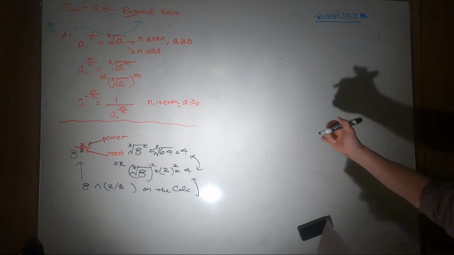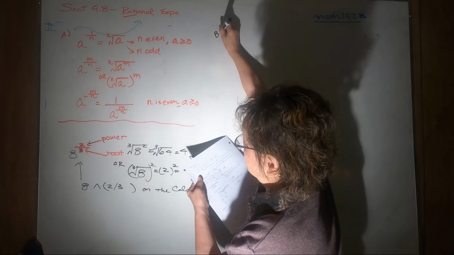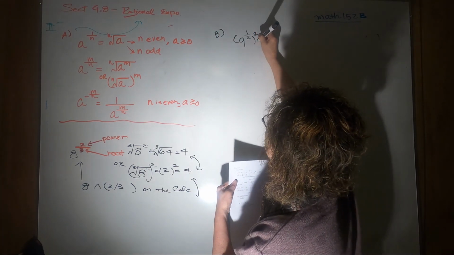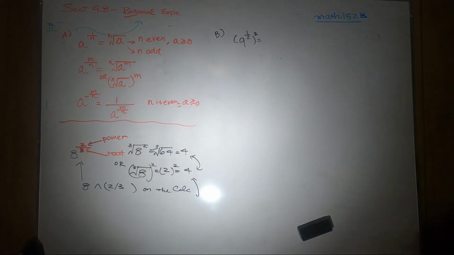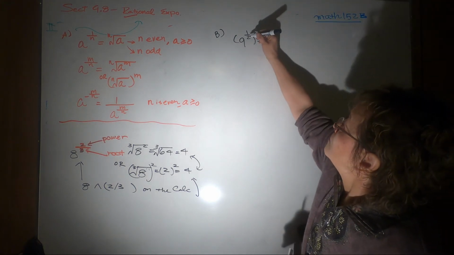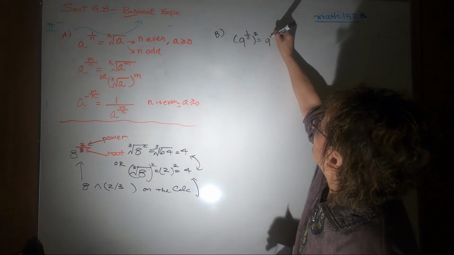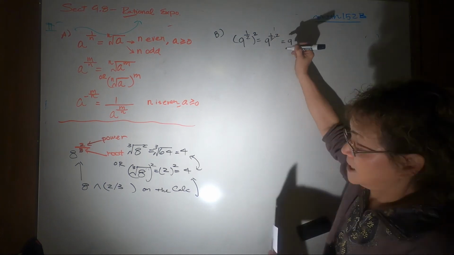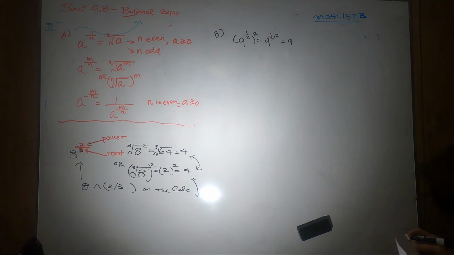Okay, so we can write it this way: 9 to the 1/2, squared. If we use the power property, power on power, you multiply your powers, so 1 and you end up with 9, right?